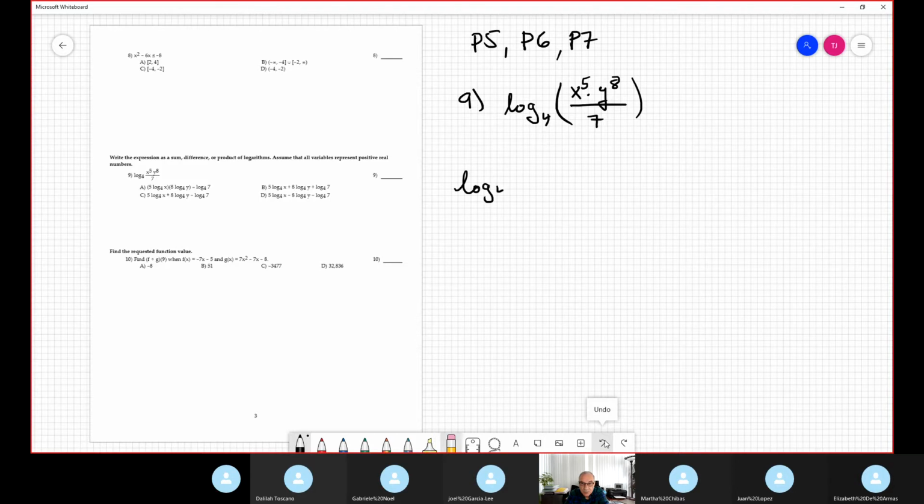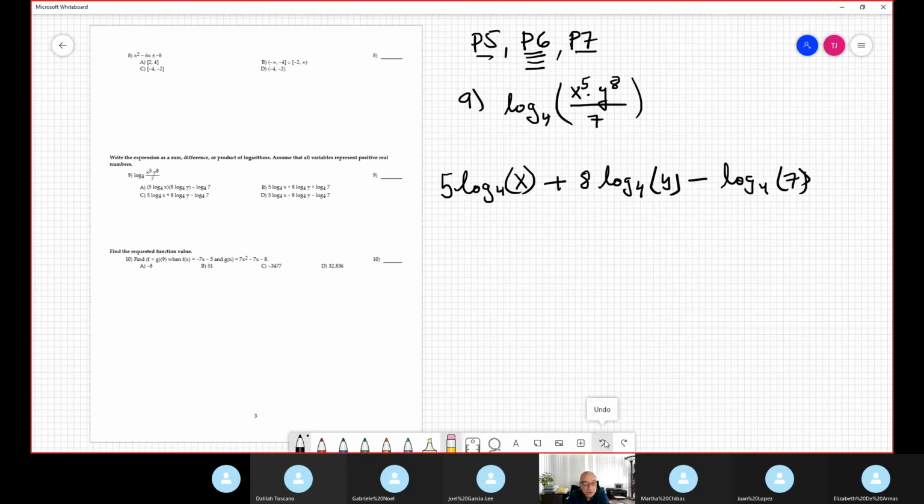Logarithm base 4 of x, but the 5 you put here. This is a combination of property number 7 and number 5, because now it's plus 8 times logarithm base 4 of y, minus, property number 6 is when there's division, logarithm base 4 of 7. End of the story.